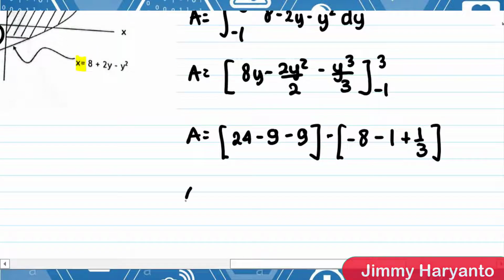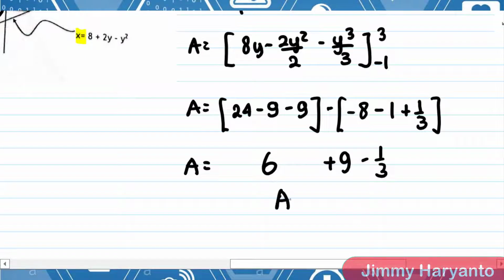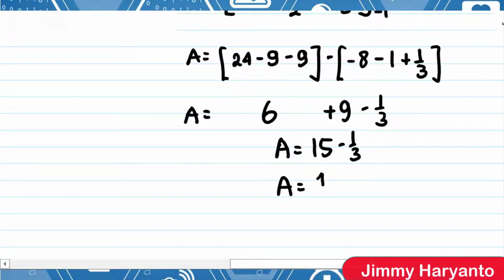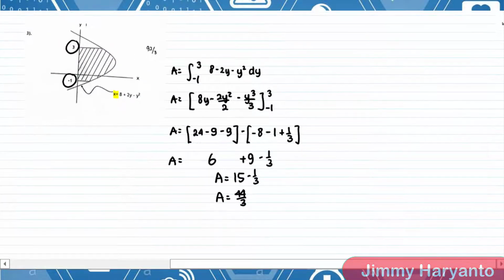Okay, to calculate this, 24 minus 18, it will be 6, and then plus 8, sorry, -8, -1, -9, and then plus 9, -1 over 3. So you will have area equals 15 minus 1 over 3. Make the denominator equal, you will have 44 over 3. That is the answer for, now wait, what?